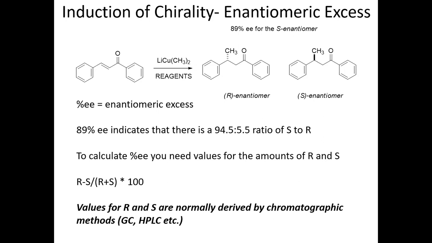Your instrument has to have a chiral column on it that causes some differentiation between the enantiomers, so they come out at different retention times. Did y'all study GC and HPLC when you took advanced instrumental?